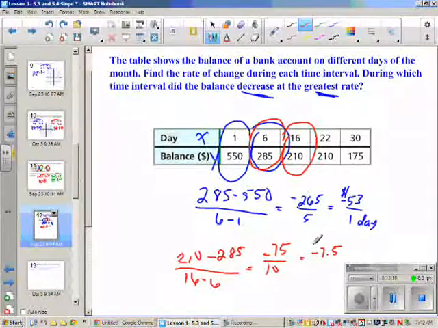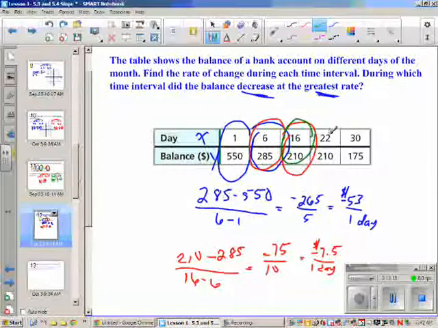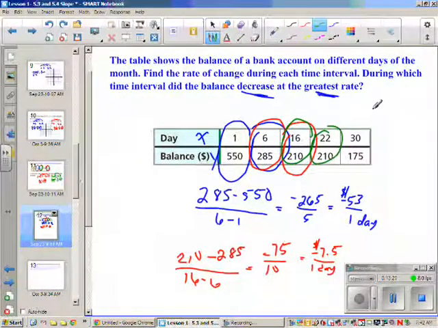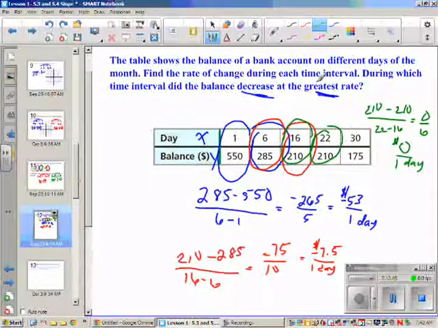Which equals negative $7.5 per 1 day. Right, and the last two I'm going to find between days 16 and days 22. That's going to be 210 minus 210 over 22 minus 16. And notice this one has a 0 over 6, which simplifies to just $0 per 1 day. So that's when they probably spent the least.